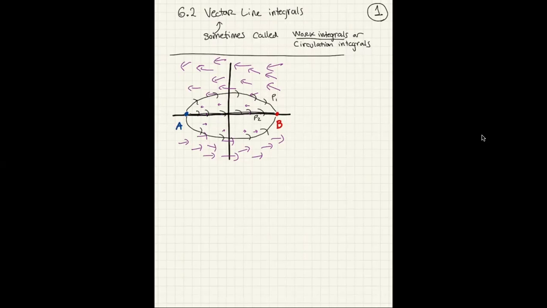As you can imagine, traveling along P1 experiences the most wind resistance. Whereas down here, P3 experiences the least.